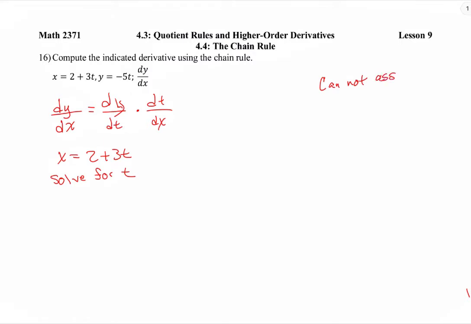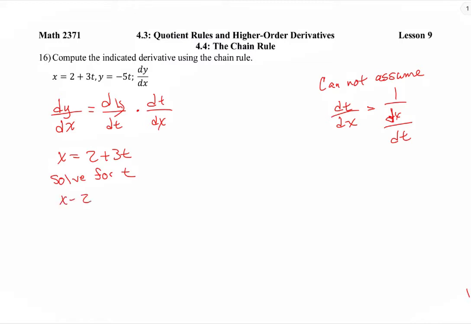You cannot assume that dt/dx equals 1 over dx/dt. All right? That only happens in very particular cases of our functions. So what you need to do is take x and solve for t.